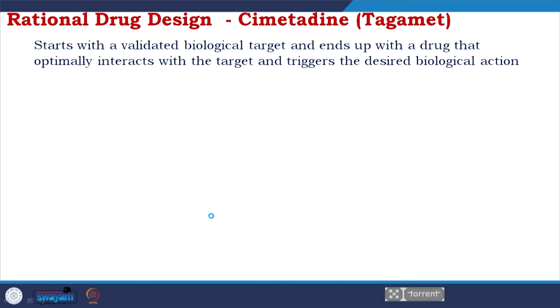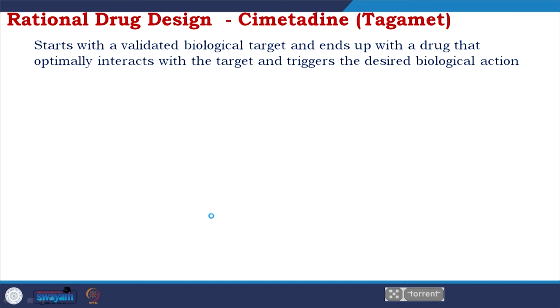So, what is rational drug designing? Let us take an example using cimetidine, which is also called Tagamet. It starts with a validated biological target and ends up with a drug that optimally interacts with the target and triggers the desired biological action.